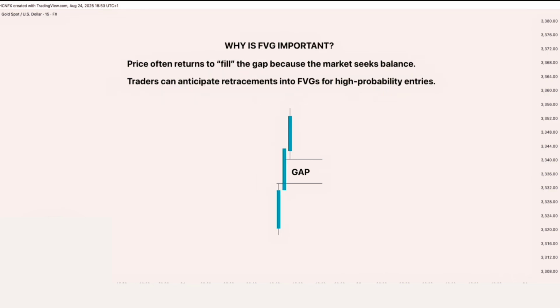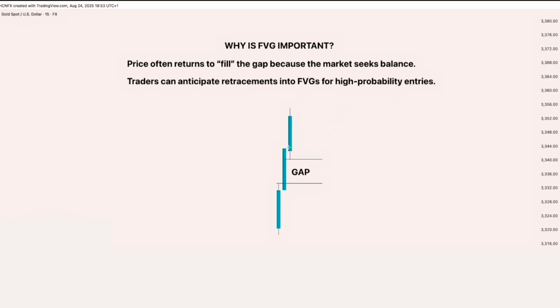So the next question we have here is, why is the fair value gap or FVG important? Now, when the market is moving, it is proper for both the bull and the bear to have equal movement. But when that doesn't happen, that is when every FVG gap will be created on the chart. So the price often returns to fill the gap because the market seeks balance, and traders can anticipate retracement into the FVG for high probability setups.